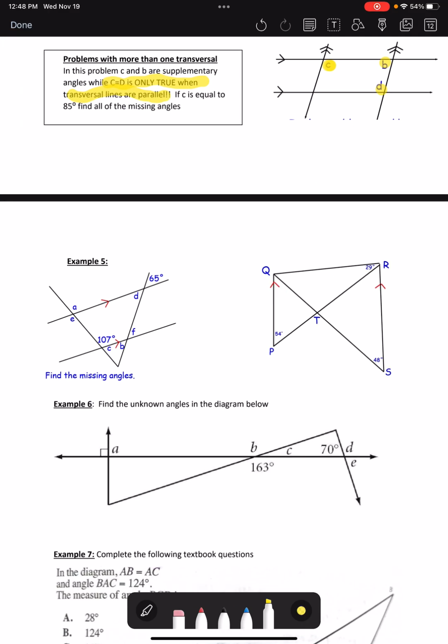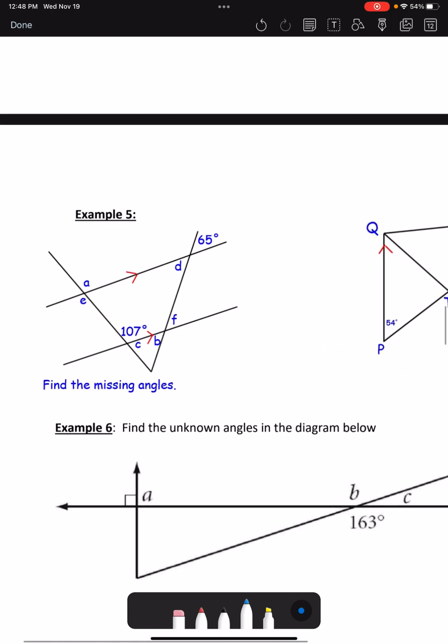So in example 5, we're trying to find some missing letters here. Let's start with, I'm just going to make a little list. So I have A, B, C, D, E, F. Great.